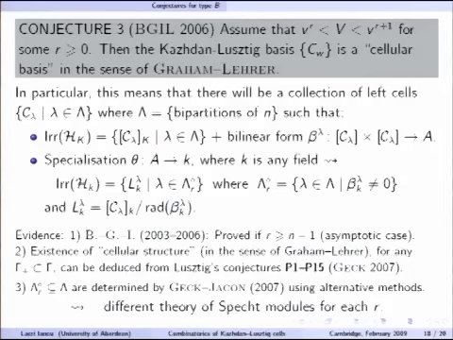And there's some evidence because, again, in the asymptotic case, this is done in various papers, in various combinations of these three people, Bonafé, Geck, and myself. Then the existence of the cellular structure at all can be deduced from Lusztig's conjectures, and this is what Geck showed in 2007.